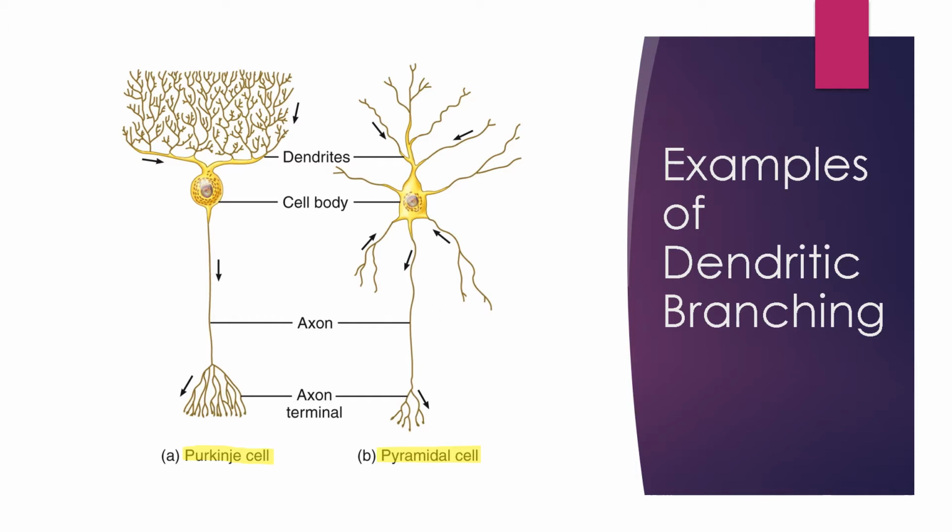So Purkinje cells are named after the histologist that discovered them, whereas pyramidal cells are named because they kind of look like a pyramid. So they're just more named after their shape. So those are the structural classifications, the bipolar, unipolar, and multipolar, and then Purkinje and pyramidal cells.